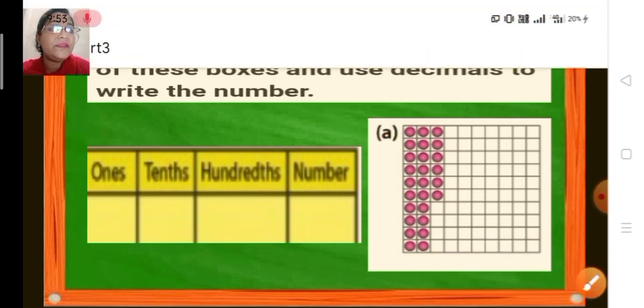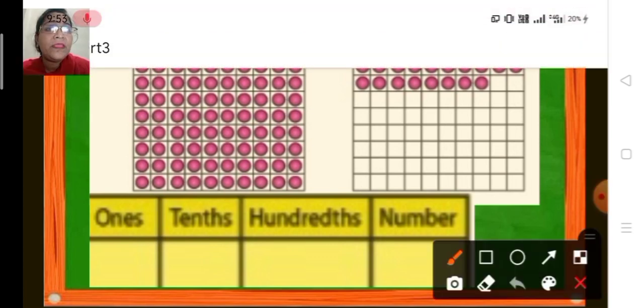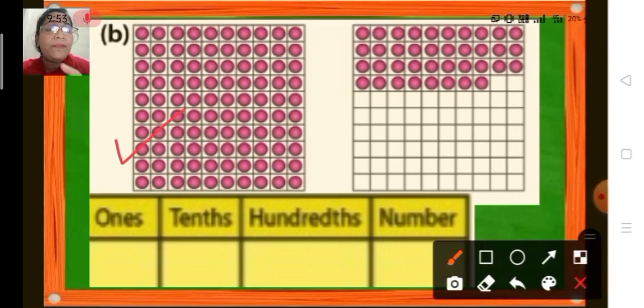Now we will see the next sub question, that is B. Children, here we are given 2 boxes. In that, one complete, or we can say one whole, is there, and in the second box, out of 100, 38 squares are represented by the dots, or we can say the circles.